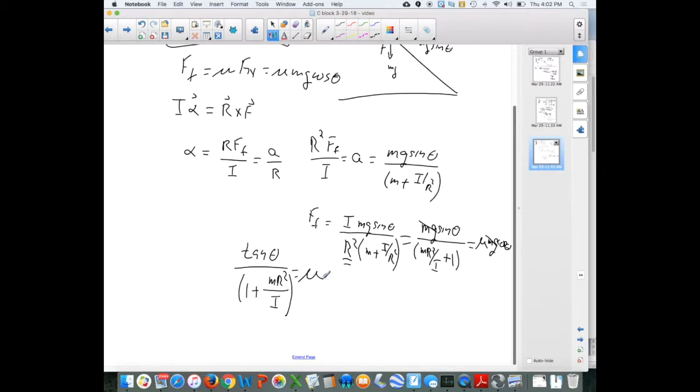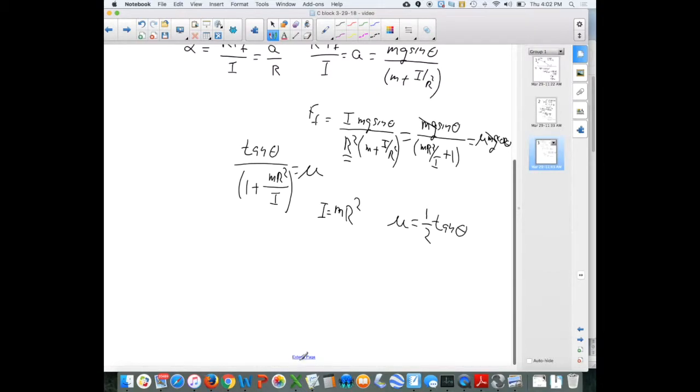If you stop and plug in some values that we're familiar with, for a hoop, I is mr squared. Plugging that in here, I get mu is equal to 1/2 tangent theta.